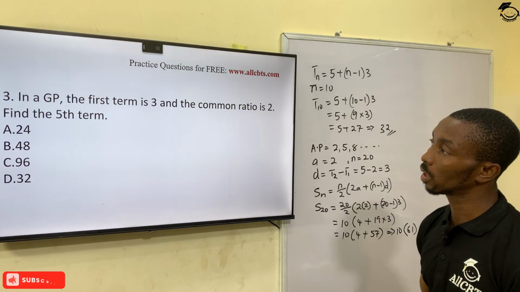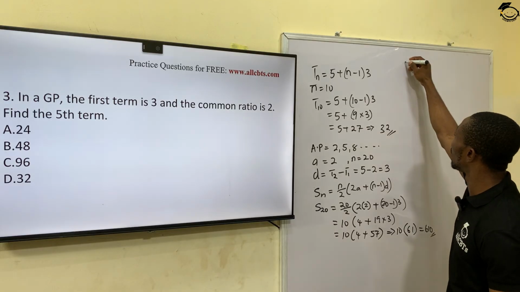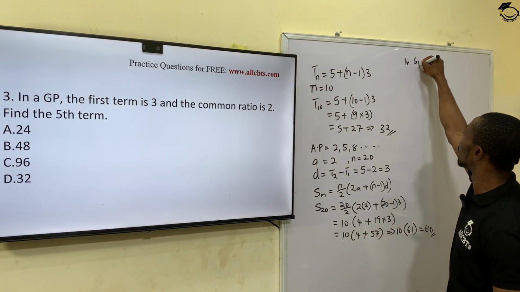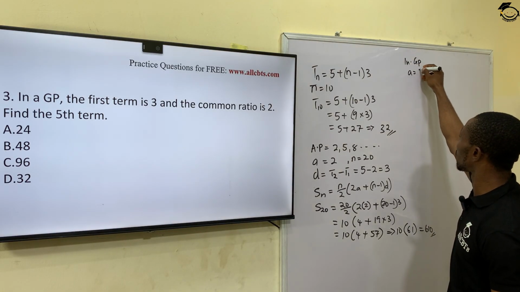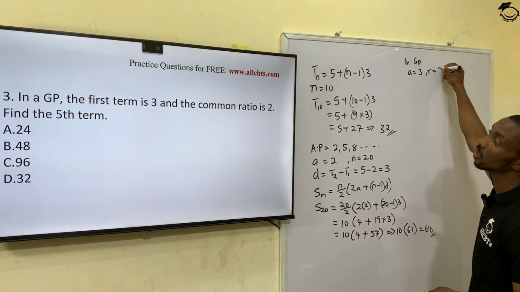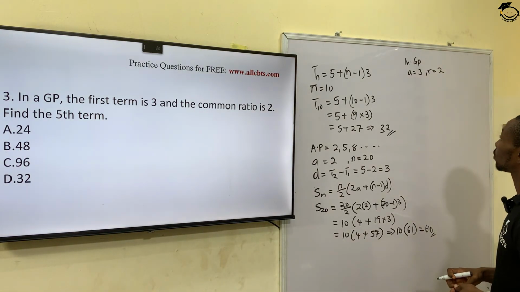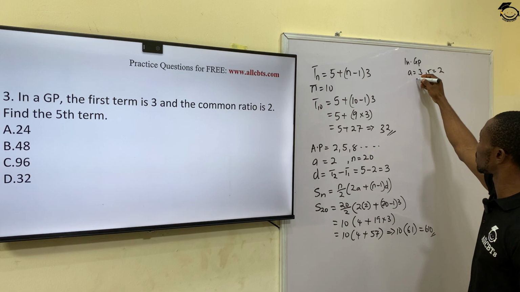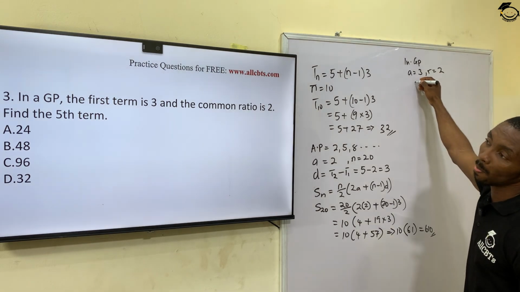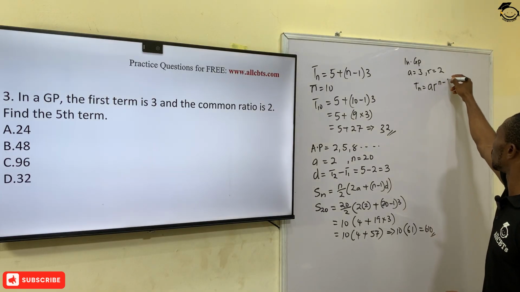In a geometric progression, the first term is 3. Now we have in GP, our first term A is 3, and the common ratio R is 2. Find the fifth term. Now, for a geometric progression, we have Tn equals A R raised to n minus 1.